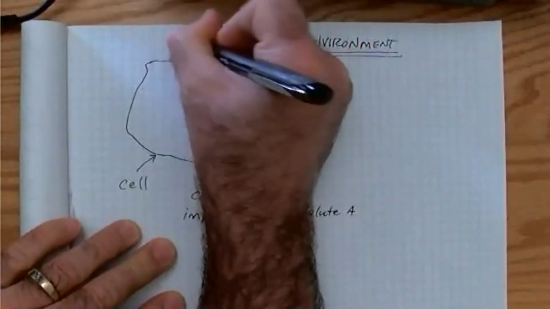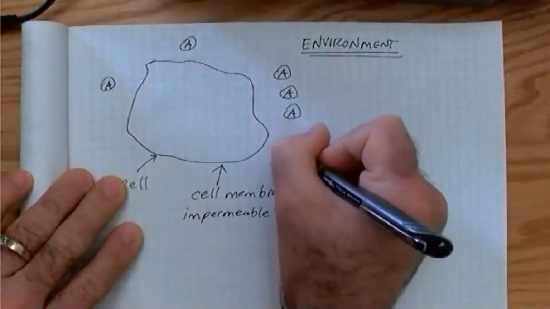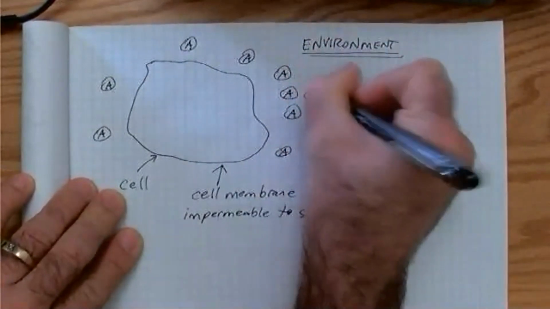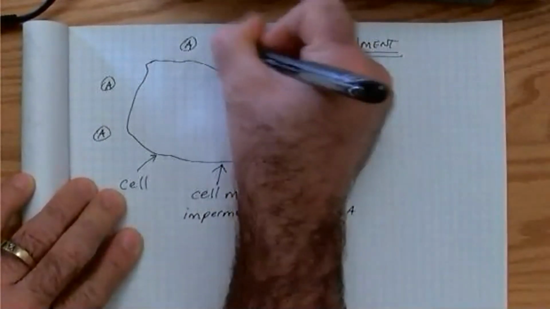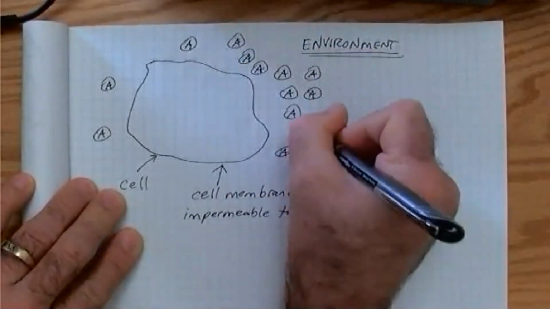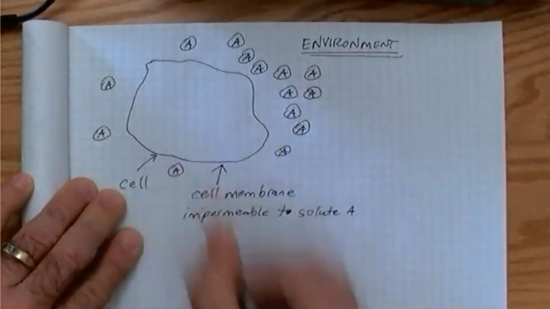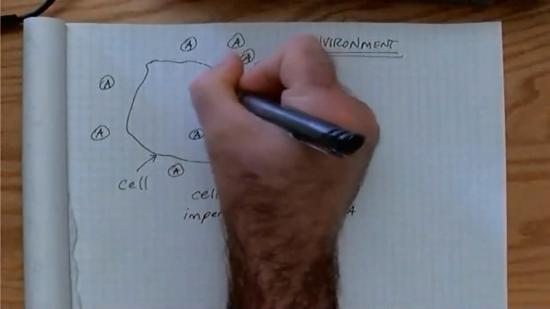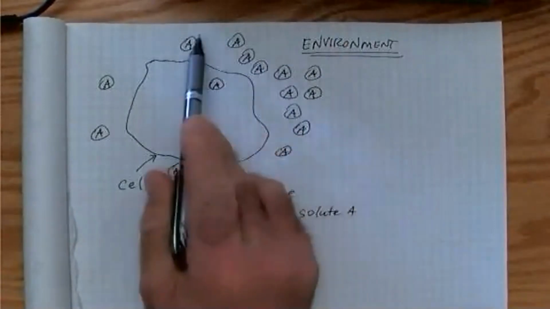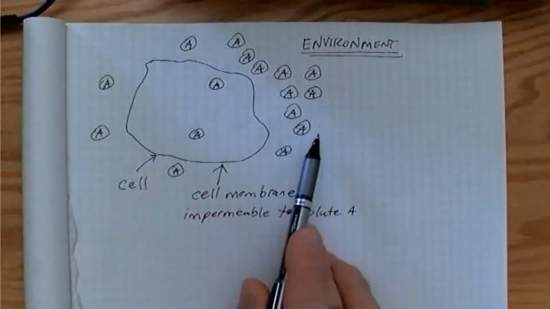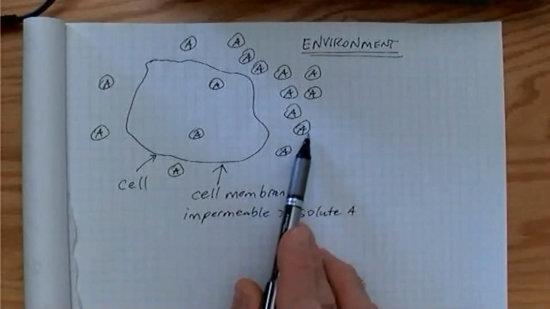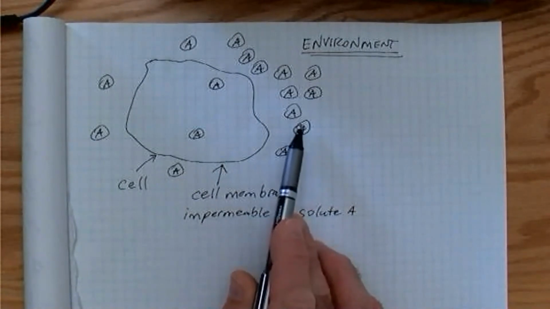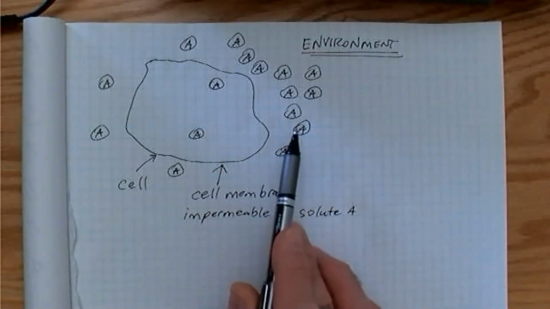Now, I want to stop here just for a second while I'm drawing these in and let you know that the environment doesn't necessarily have to be like what we're used to in terms of our environment. We think about maybe the forest, the trees, a grassland, that type of thing. The environment for a cell could be your stomach. This could be the interstitial tissue, the space between your organs. This could be the tubes of a nephron or something like that in the kidney.